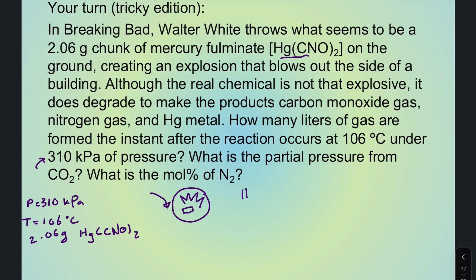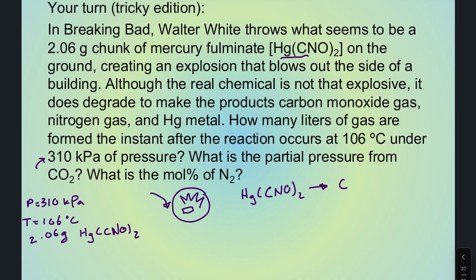So HgCNO2 going to something. When that goes to something, we have to see what the products are. And so it says, although the real chemical is not that explosive, it does degrade to make the product carbon monoxide gas.